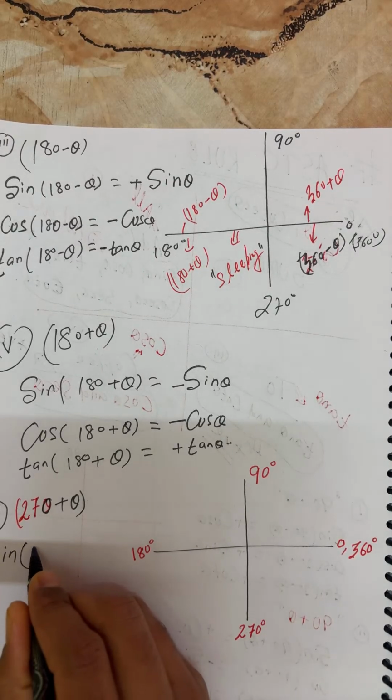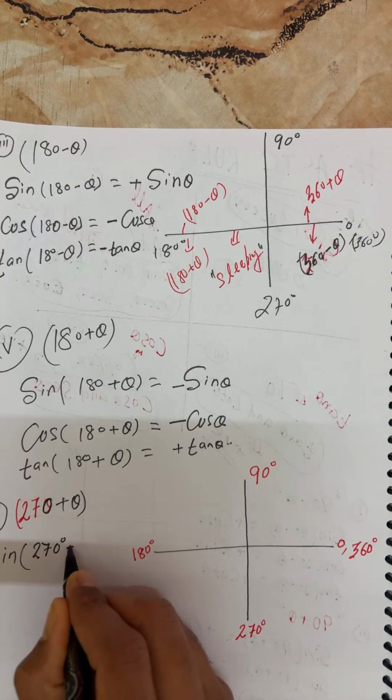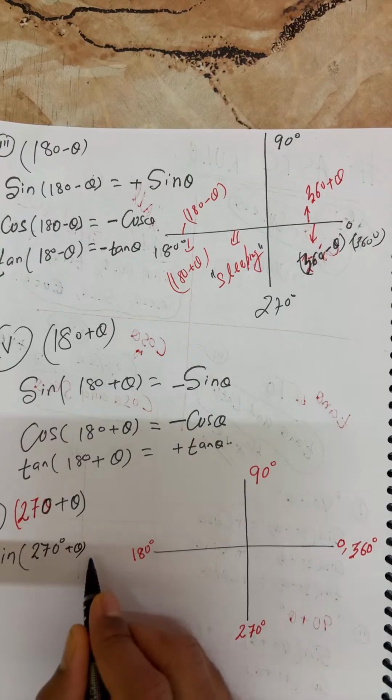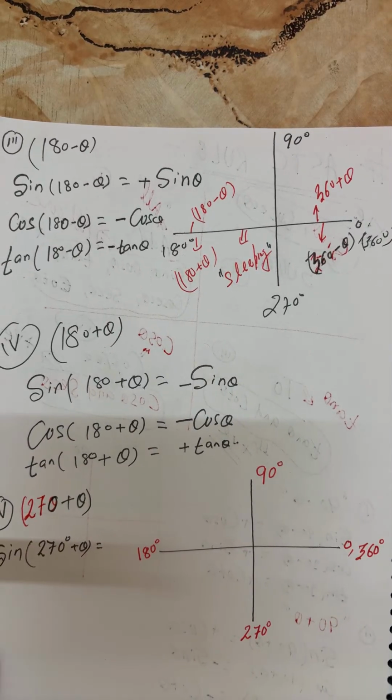Okay, this is sine of 270 plus theta. Tell me, is it plus cos theta or minus cos theta?